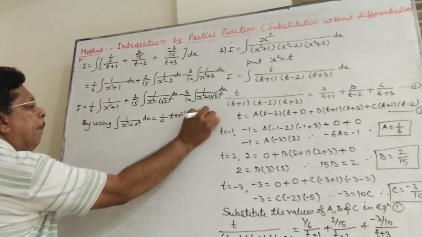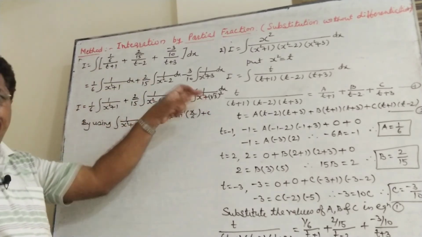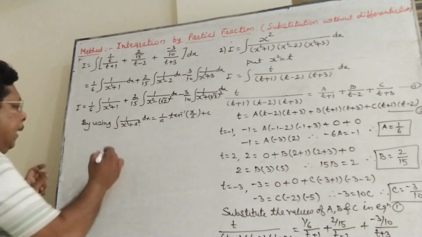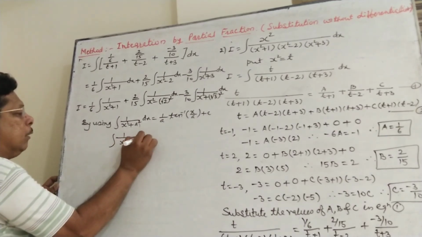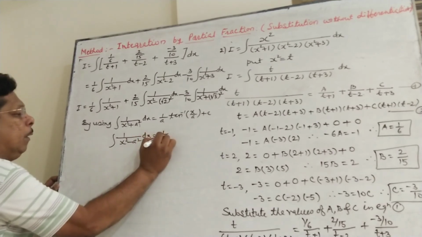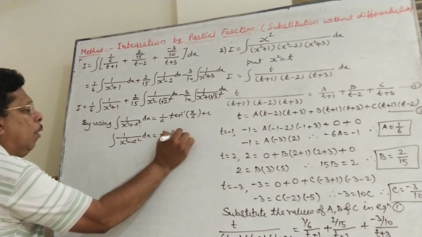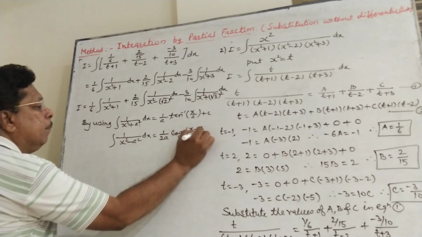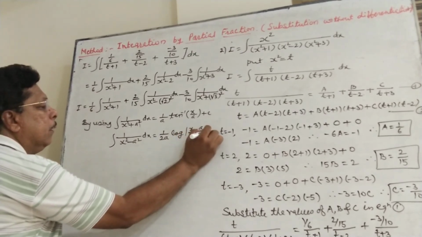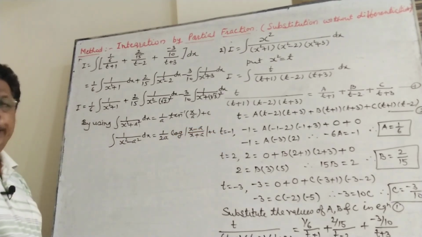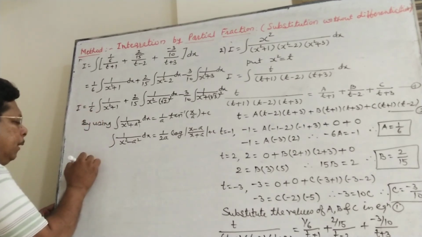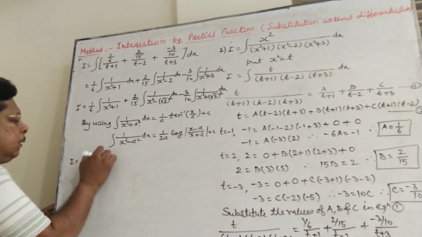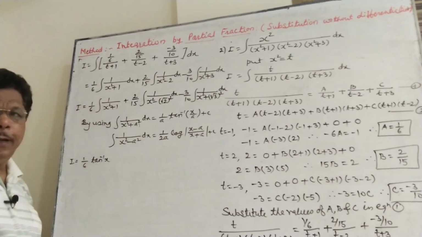This formula is applicable for the first and third integral, and for the second integral, 1 upon x square minus a square dx is equal to 1 upon 2a log of mod of x minus a upon x plus a plus c.